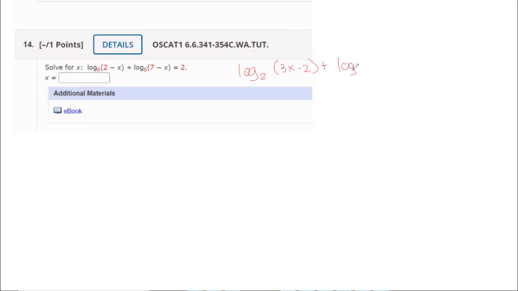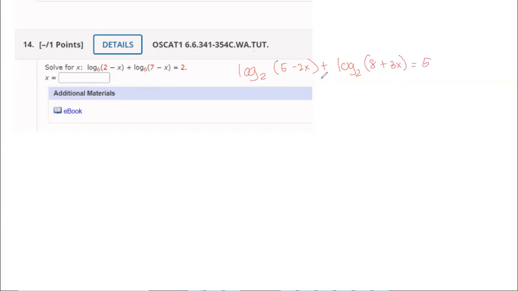plus log base 2 of x. Let me change it so it's pretty close: (5 minus 2x), and then (8 plus 3x) equals, let's do 5.